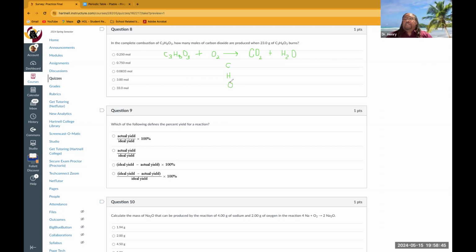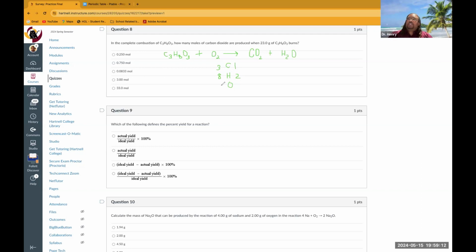How many carbons do we have on the reactant side? 3. Product side, 1. How many hydrogens on the reactant side? 8. Product side, 2.